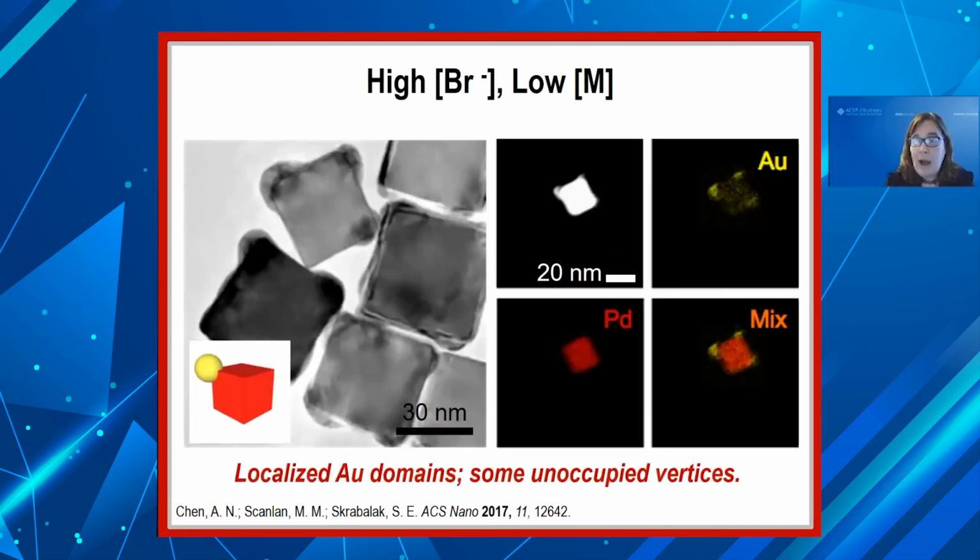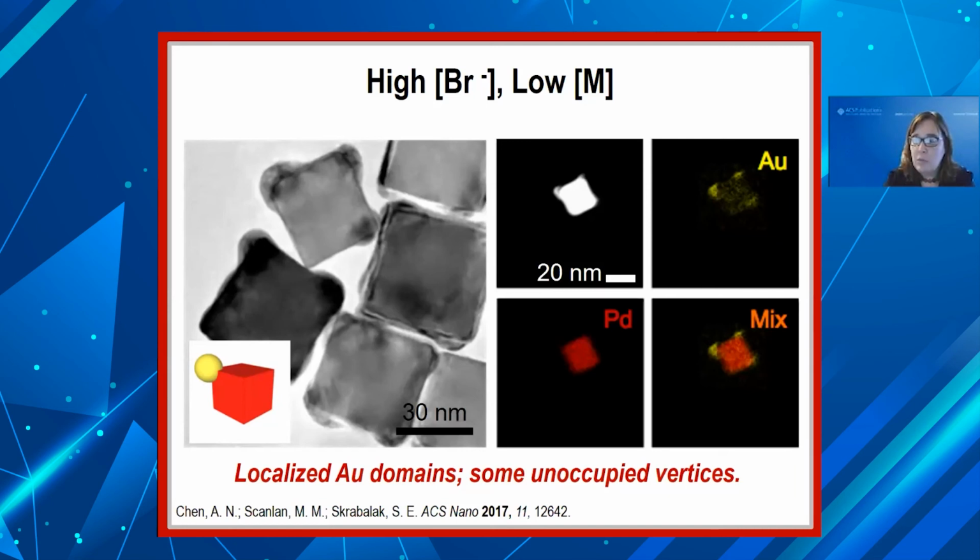Now at high bromide concentration, low metal concentration, we're blocking those 100 faces and making the vertices more favored for metal deposition. With the low metal concentration, we're at low supersaturation, which may force a kinetic choice. And what you find is that instead of all of the vertices ending up with metal deposition, we have metal deposition just occurring at a few of the vertices.